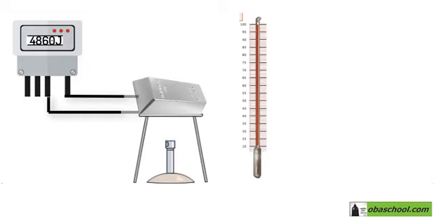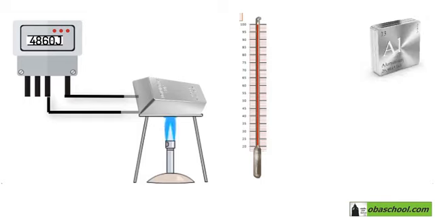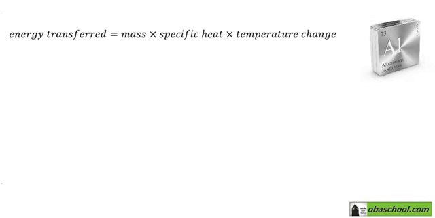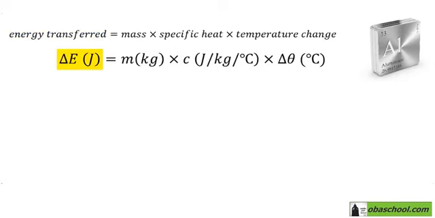Now let's use the specific heat equation to find the specific heat capacity of aluminum. Recall that the energy transferred, delta E, in joules is equal to the mass m in kilograms multiplied by the specific heat capacity, symbolized as small c, measured in joules per kilogram per degree Celsius, multiplied by the temperature change, symbolized by delta theta, measured in degrees Celsius.